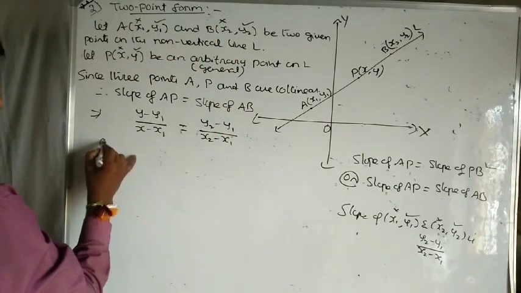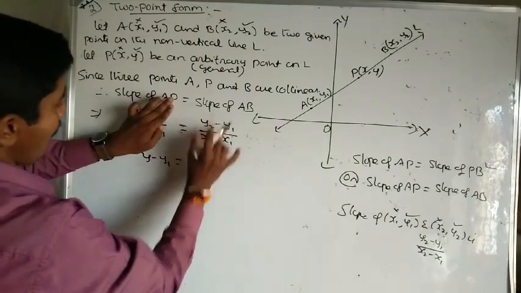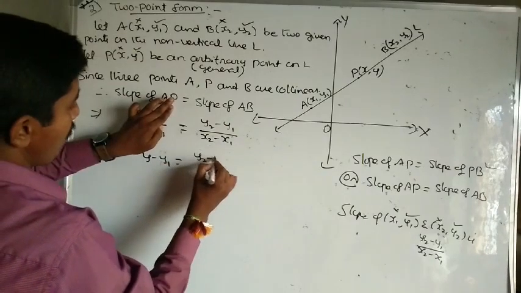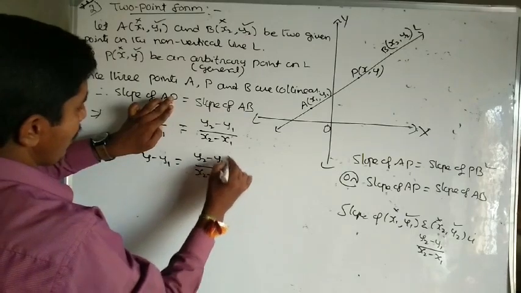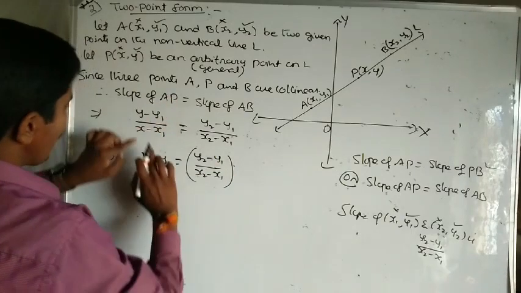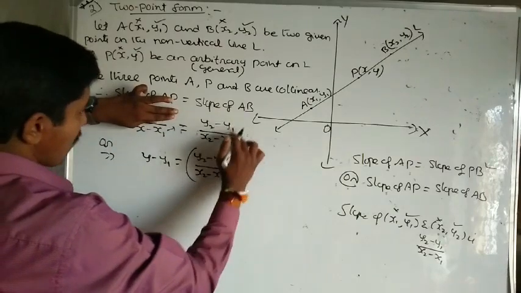This is the standard equation. Y minus y1 is equal to the RHS, y2 minus y1 divided by x2 minus x1, into taking this x minus x1 on the right side.